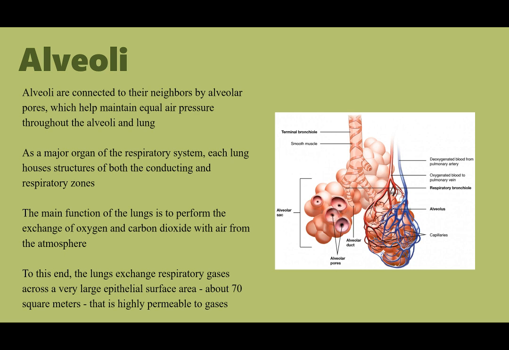You can look at the right picture. We have the alveoli, and we have the alveolar pores, which connect the alveoli together and finally form the alveolar cluster, which is the alveolar sac.